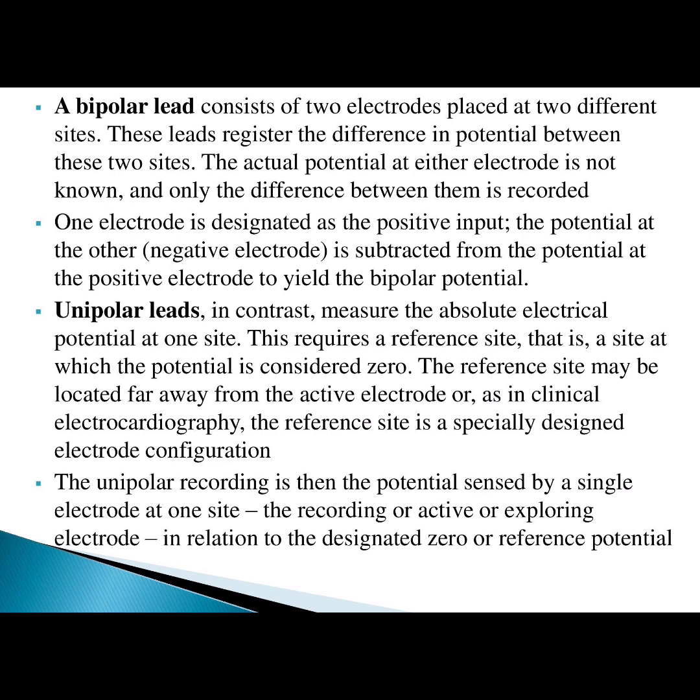One electrode is designated as the positive input. The potential at the negative electrode is subtracted from the potential at the positive electrode to yield the bipolar potential.